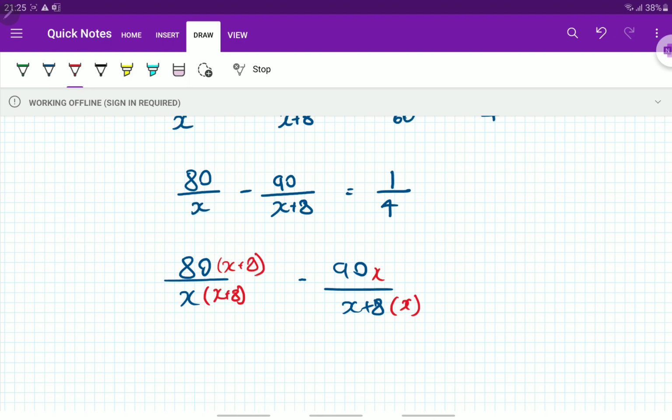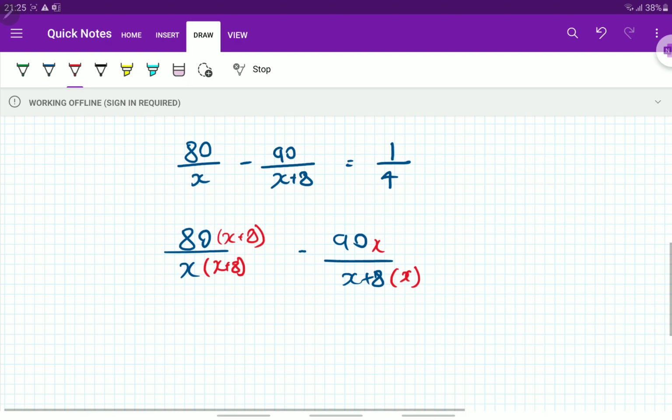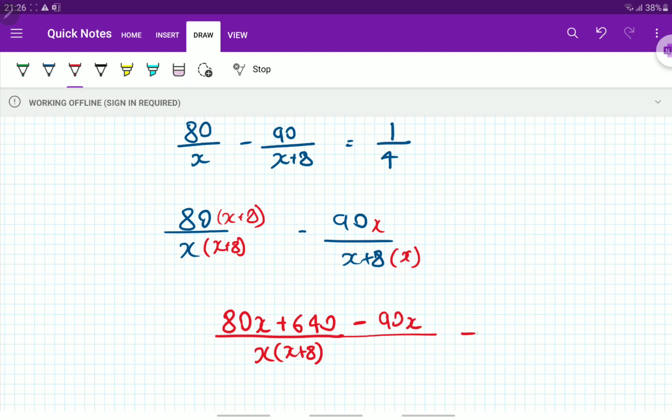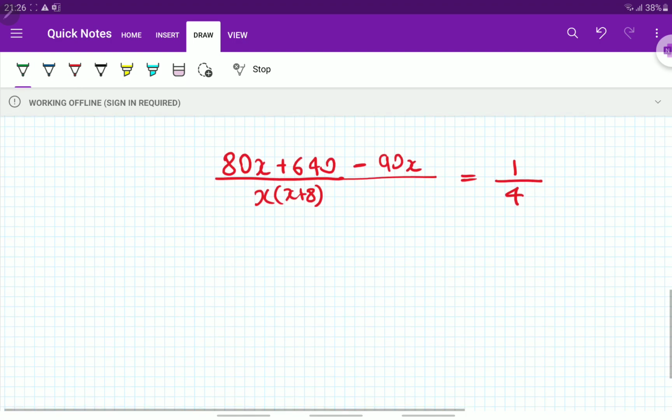Putting this into the calculator, you should get 80x plus 80 times 8, which gives us 640, over x plus 8, and then minus 90x. That whole thing is equal to 1 over 4. Beautiful.